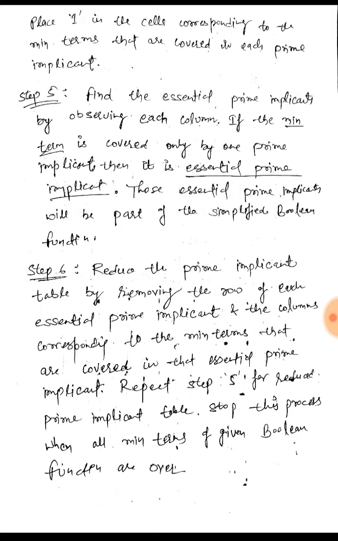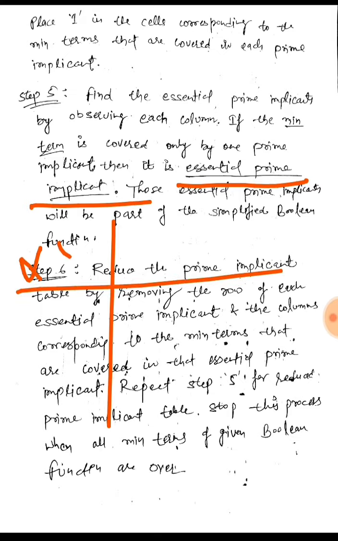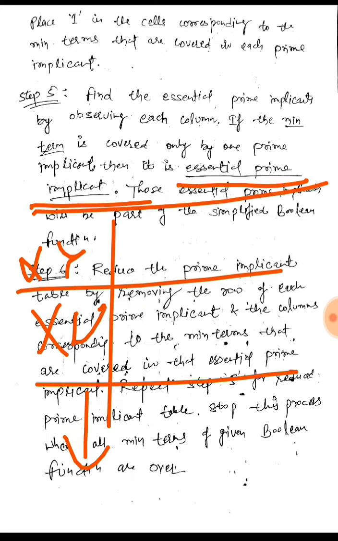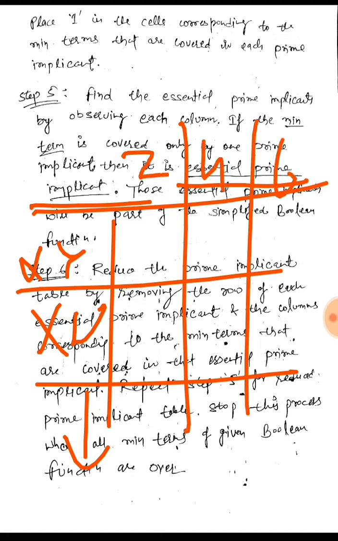If a minterm is covered by only one prime implicant, then that prime implicant is called an essential prime implicant. If I have xz or xw, these would be my prime implicants, and here I would have 2, 4, 6 as my minterms.